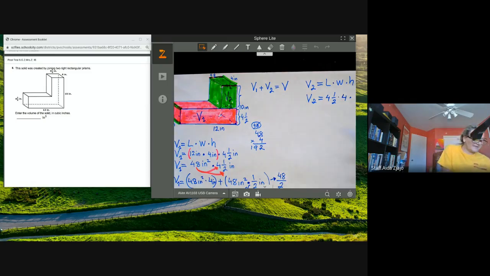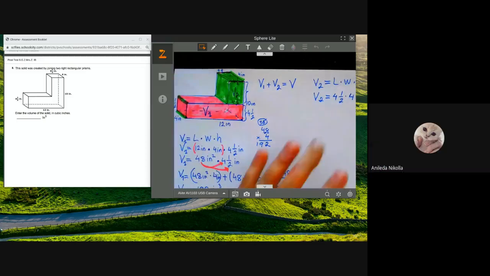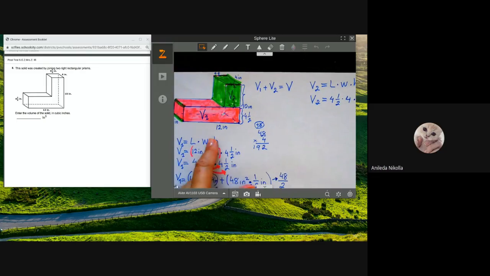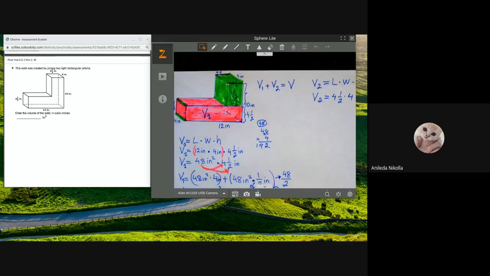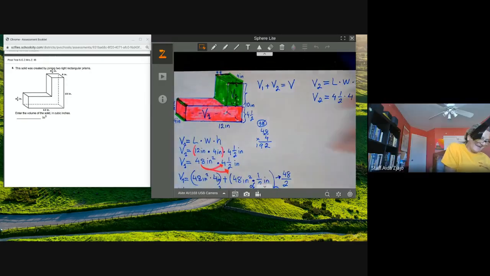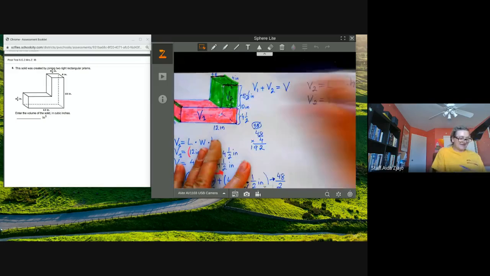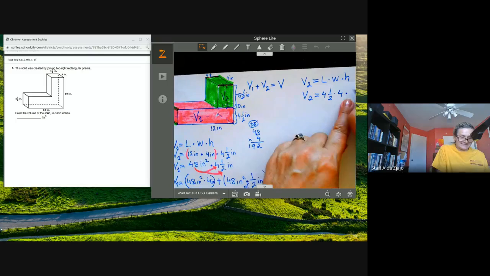So what would be the 4 and 1/2 plus what makes 10? 5 and 1/2. Bravo. I'm so impressed. So then we have a height that is 5 and 1/2.